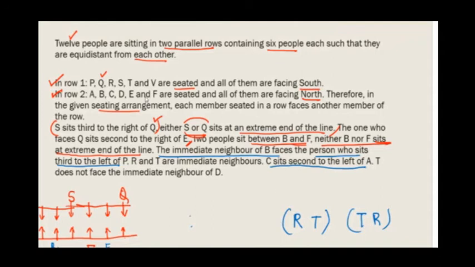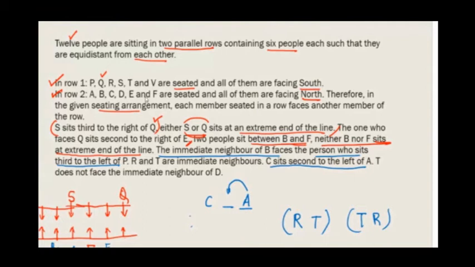C sits second to the left of A means A, I have it here. First to the left, second to the left. Now A and C come in the second row. If I take A here, C second left is not possible. So the only possible place for A is the third place.